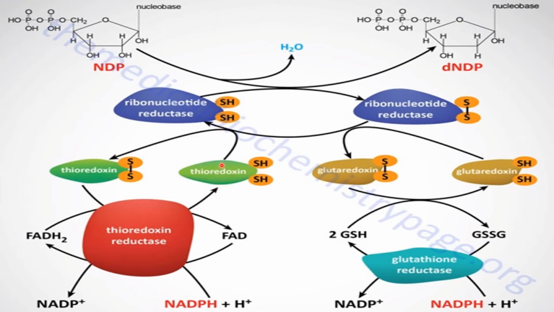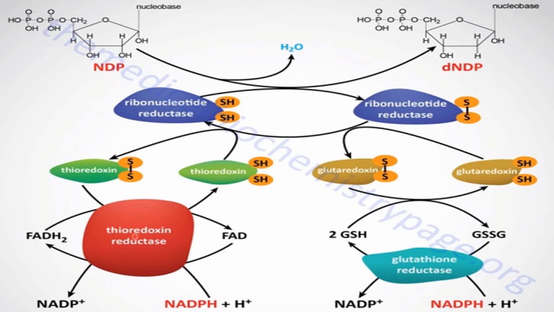Ribonucleotide reductase has thioredoxin as well as glutaredoxin, and this thioredoxin donates two SH groups to convert the oxidized ribonucleotide reductase to the reduced one, and itself is oxidized.